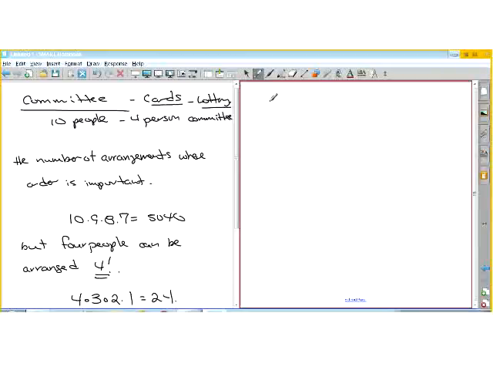Okay, and then there'll be some pretty much straightforward permutation or combination problems. And for those, they may be single step ones, which should be fairly easy to do.